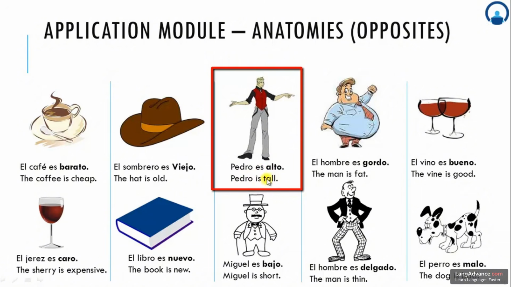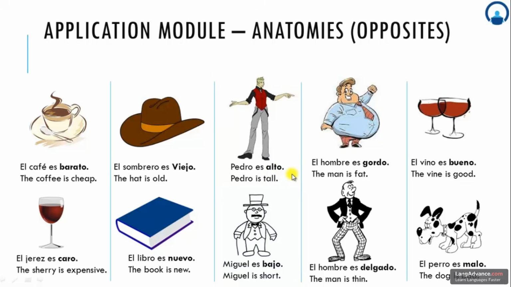Pedro is tall. Alto means tall. If it's a girl over here, you replace O with A and you write alta. Miguel es bajo.